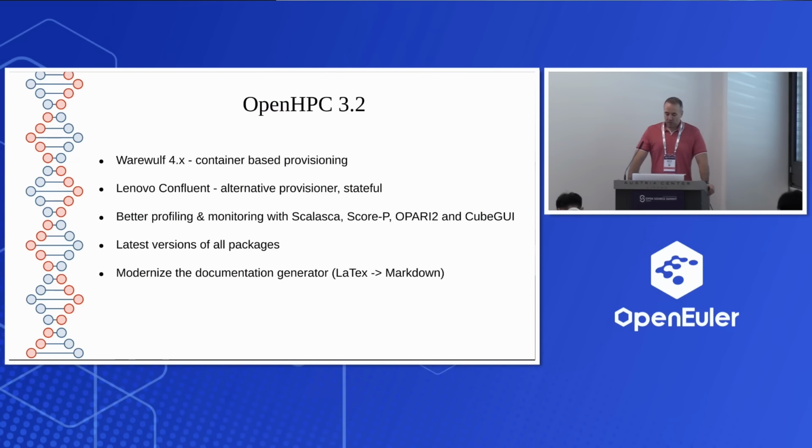And there is some work to update our documentation generator, because currently it uses LaTeX, and this is, I would say, a bit too scientific, and it's not a very user-friendly technology. So we try to migrate to Markdown-based generation. It's more popular these days.